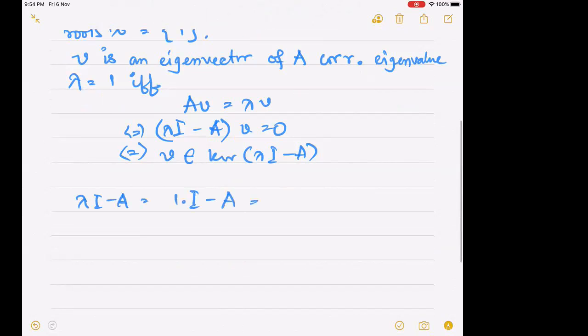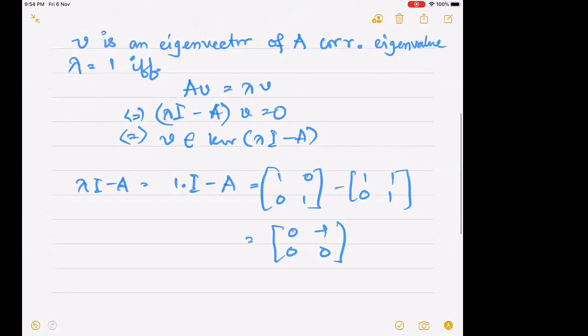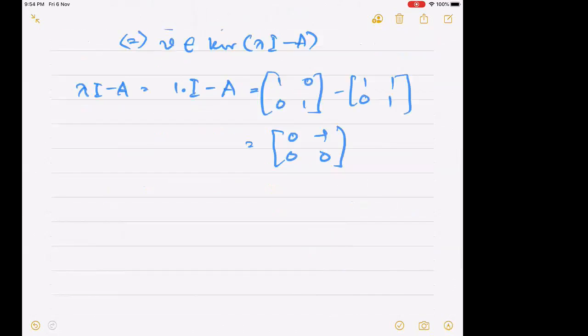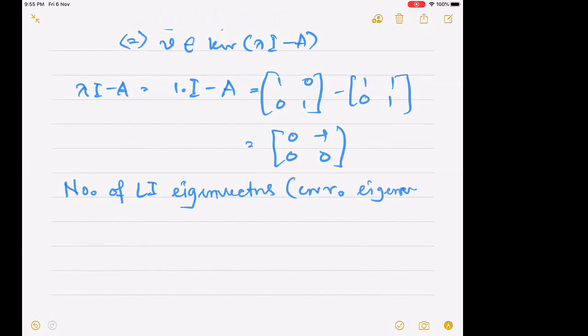That happens to be [[1,0],[0,1]] minus [[1,1],[0,1]], which is nothing but [[0,-1],[0,0]], right? Now, how many linearly independent eigenvectors are there, corresponding to the eigenvalue 1, which is the only eigenvalue in this case?